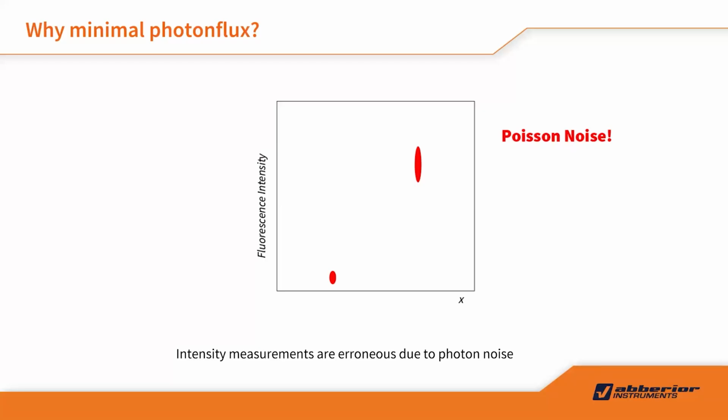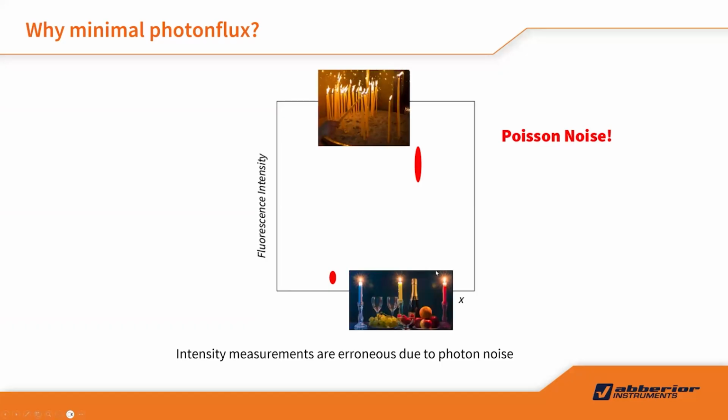If you have a large Poisson noise, the mathematical fitting is not accurate. It will be very difficult to detect. As we go to the temple, we light a candle. There are so many candles. The signal intensity is very high. Then if you light one candle or extinguish one candle, it's difficult to detect because the noise range is very high.